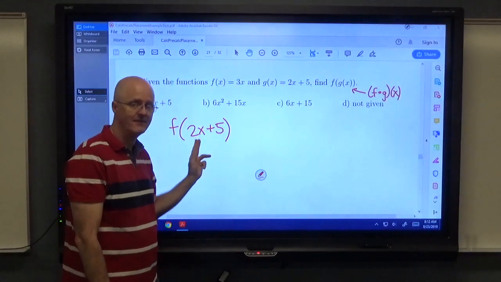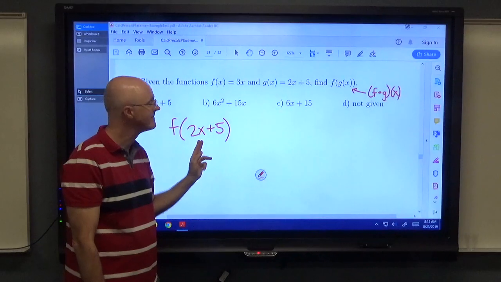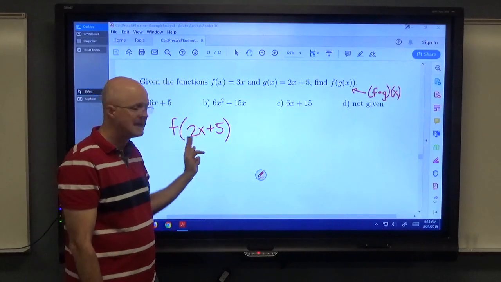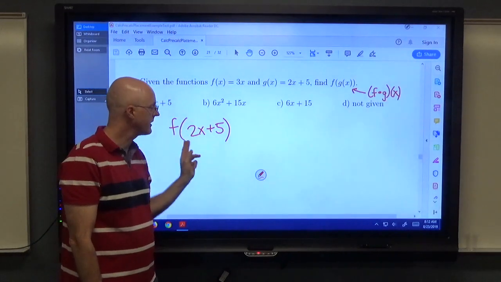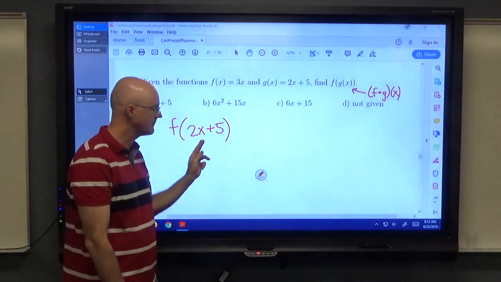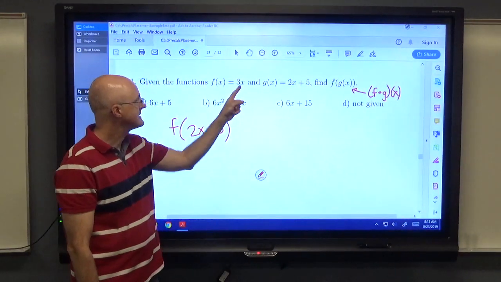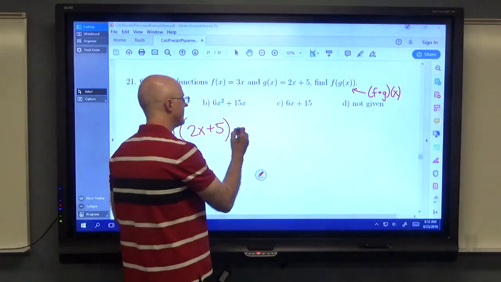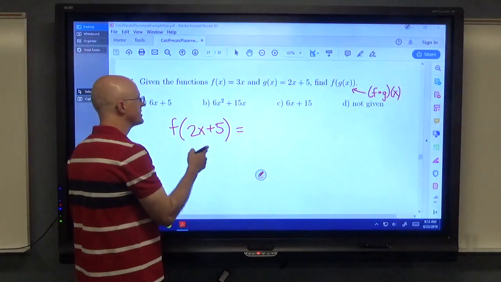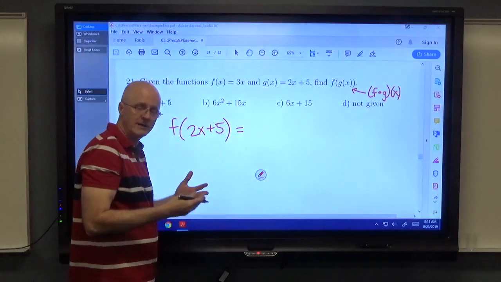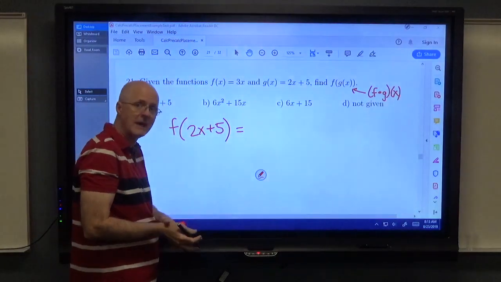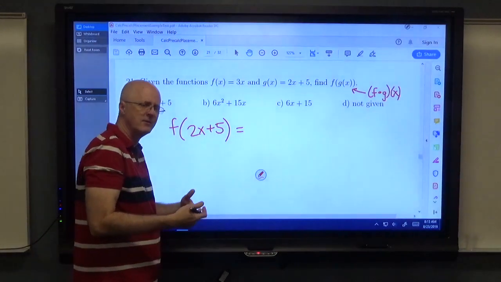Replace x with that thing. Say that again. Whatever is here, no matter how weird it looks, it's only a little bit weird this time, 2x plus 5, but it can be a lot weirder actually. Replace x with that thing. This is the input for the function. To get the output, I multiply by 3, because the function represents multiplication by 3. Multiplying an input by 3 to get an output.